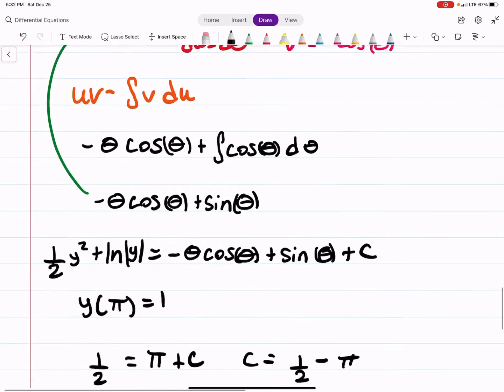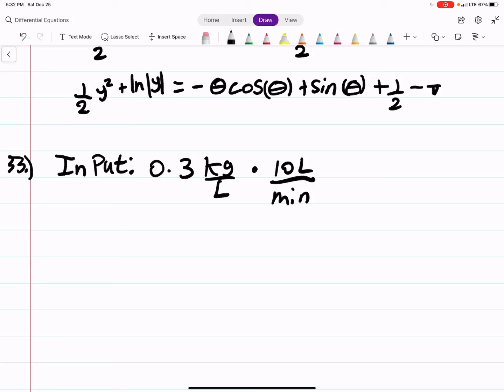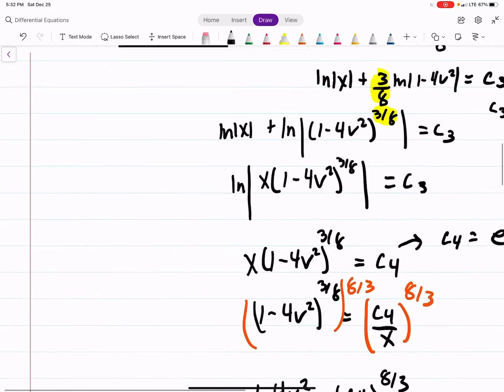So the way that I would recommend doing this, I'll scroll down here, is I start off with this. What is going in? What is our input? Well, the input is 0.3 kilograms per liter, and we're going to go ahead and convert that to kilograms per minute. So we take the 10 liters per minute, right?